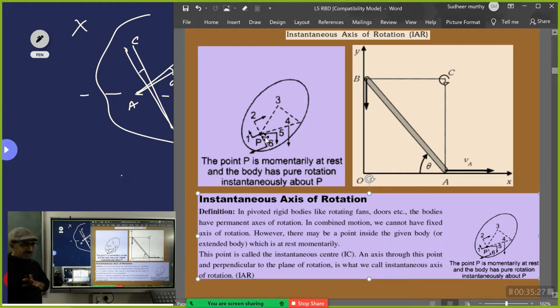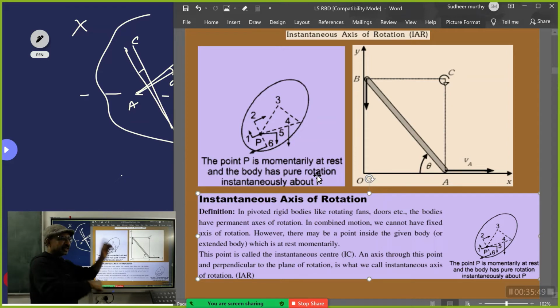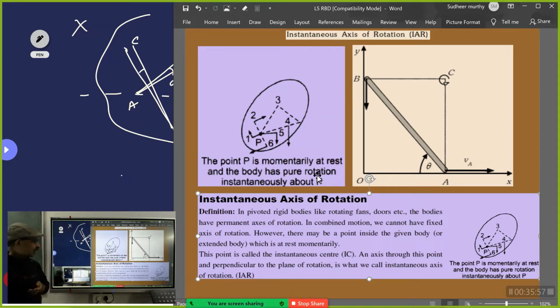For all practical purposes, this becomes the center of the circles, or the axis passing through it. But since the axis is also traveling, we say that for a moment it is at rest, let's understand the rotation about that point, and then we will also give the translatory motion to it. That's the whole idea. So we create the concept called instantaneous axis of rotation.